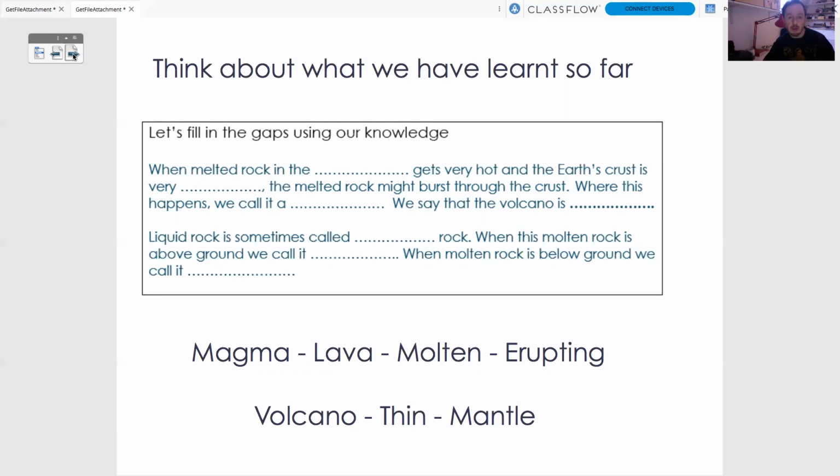What word can you use? Liquid rock is sometimes called something rock. All right, see what word fits down there. When the molten rock is above ground, we call it something. What could it be? And when molten rock is below ground, we call it something else. What could it be? Make your decision.